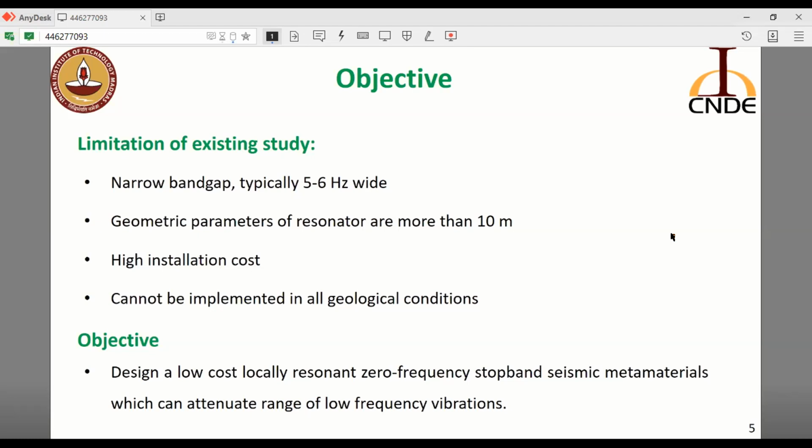So our objective is to develop a low cost, locally resonant frequency stop band seismic metamaterial that can attenuate a wide range of low frequencies. And also this metamaterial can be used in all geographical conditions.